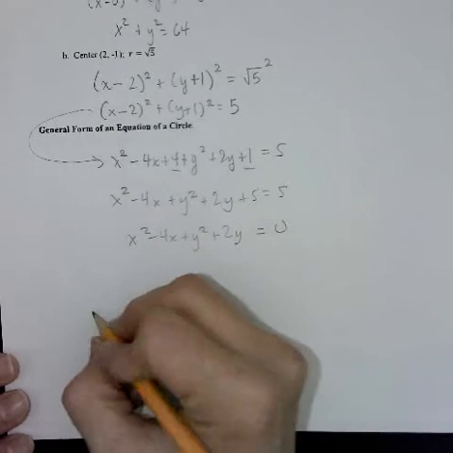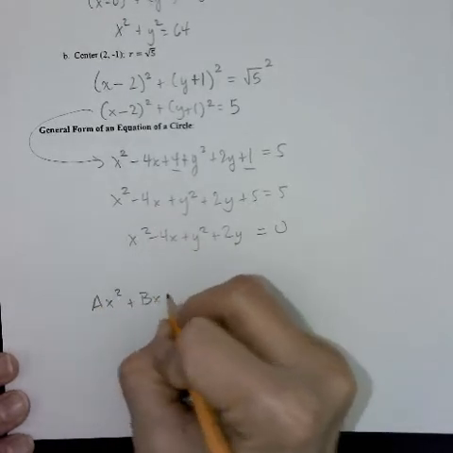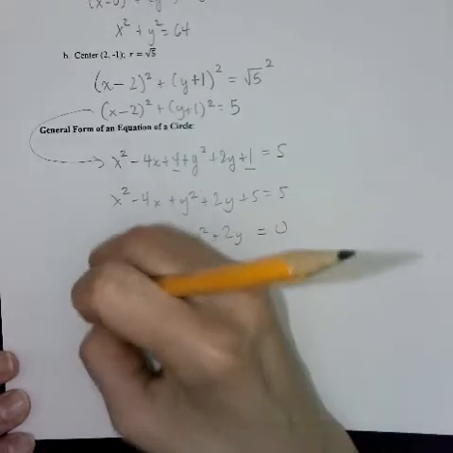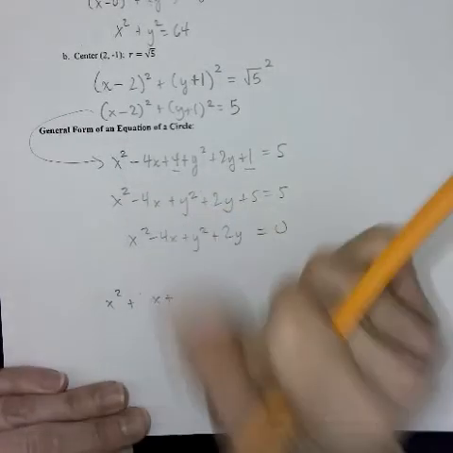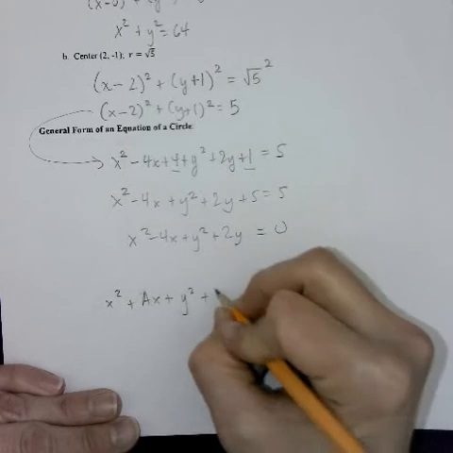So in more general, of course, this is just a particular circle. General form is ax squared plus bx plus, no, sorry, not a. A is 1. Let's make this an a, plus y squared plus by.